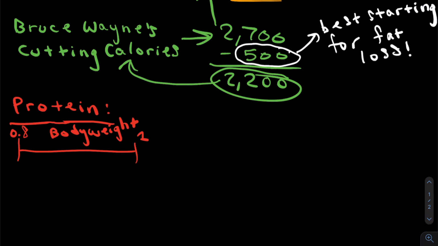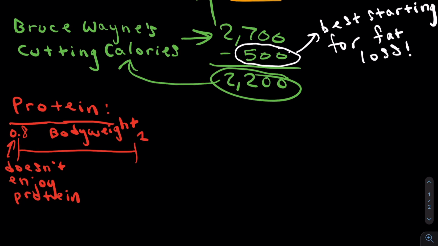Anywhere in that range is fine with me. Anyone closer to the 0.8 range would basically be anyone that doesn't enjoy protein. To feel more full during their diet, you would have them be closer to the 1 range, 1 gram of protein per pound of body weight, because it brings more satiety, which means feeling more full throughout the day.